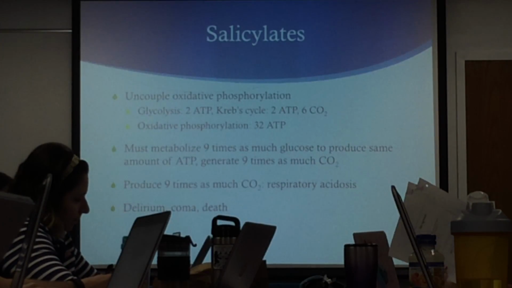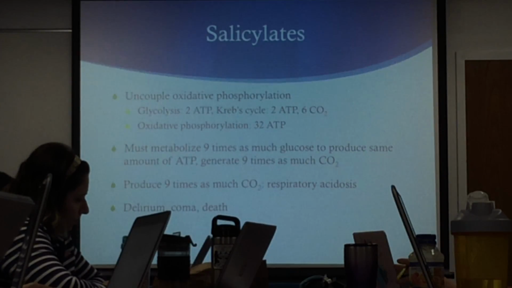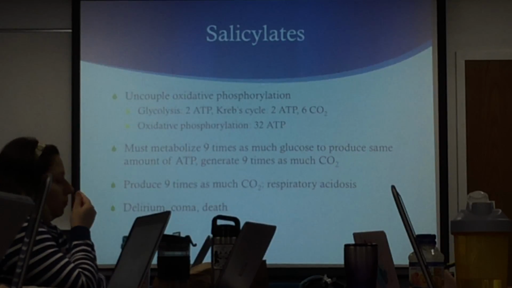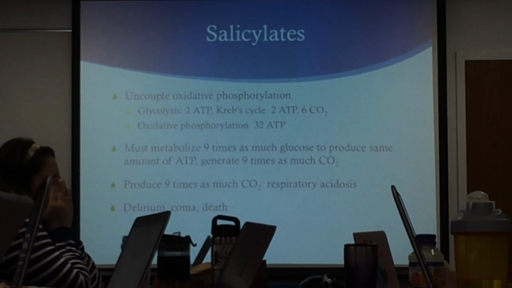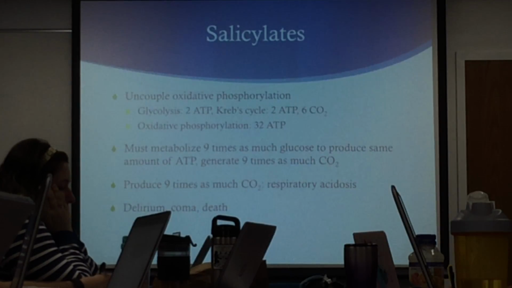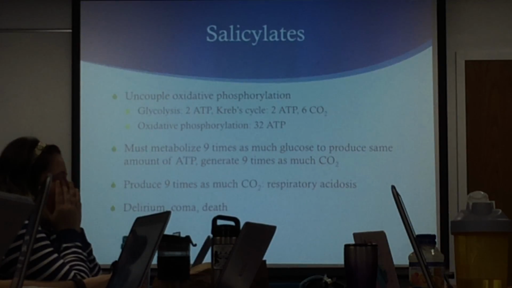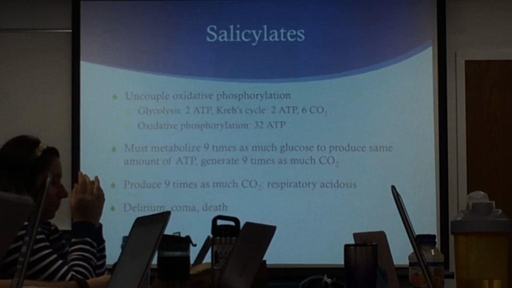prostaglandins. The other important thing to note about these compounds that relates to their toxicity is that all salicylates, not just aspirin, but all salicylates, uncouple oxidative phosphorylation. So if you can remember from cell biology, oxidative phosphorylation is a process that occurs in mitochondria that greatly amplifies ATP production.